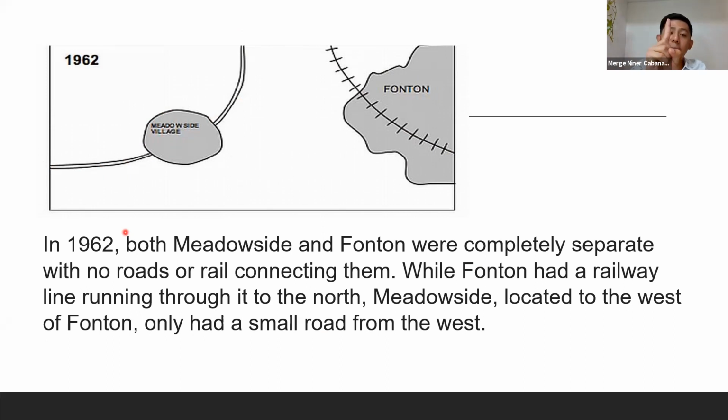How many paragraphs for 1985? 1. How many paragraphs for present? 1. I did a general overview previously, and then I have my introduction. So total for the Fontaine and Meadowside Village map statistical report will be 5 paragraphs.